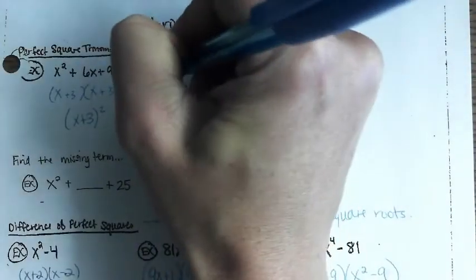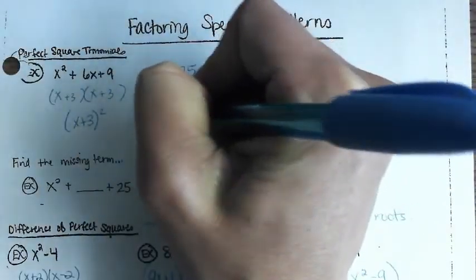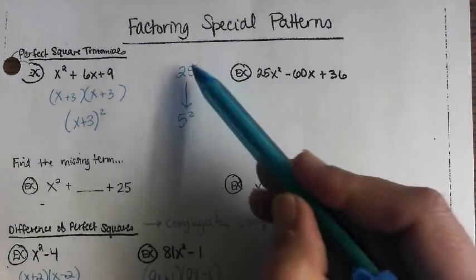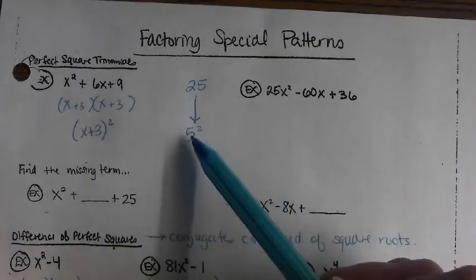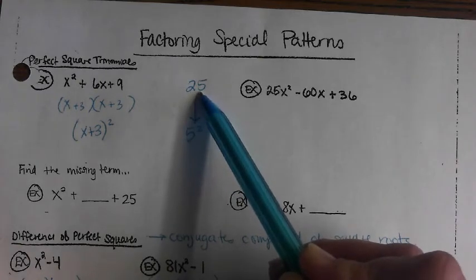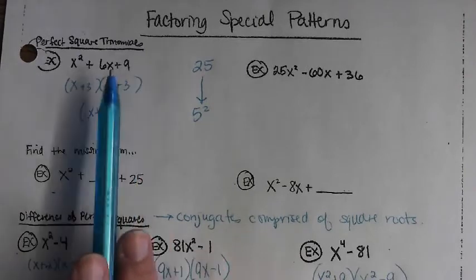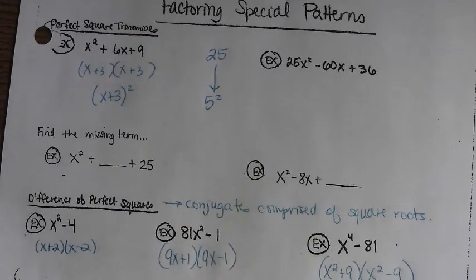For example, let's take the number 25. 25 can be rewritten as 5 squared, right? We all get that? So what do we call 25? What type of number is it? It's a perfect square. When something can be rewritten as a number squared, it's called a perfect square number. Likewise, this is called a perfect square trinomial because it can be rewritten as something squared. Does that make sense?